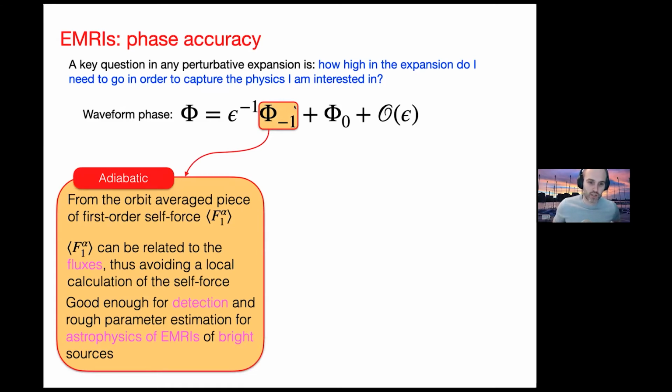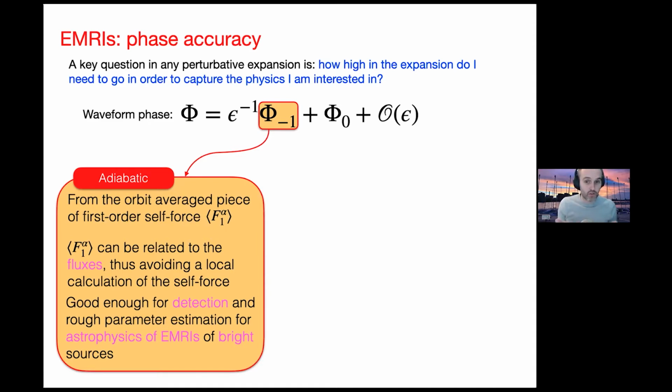So this leading order term is known as the adiabatic contribution to the waveform phase, and this is actually computed from the orbit average piece of that first order self-force I mentioned on the previous slide. And this conveniently can be related to fluxes through flux balance laws, meaning you actually avoid a calculation of the local metric perturbation at the location of the secondary, which has problematic divergences that need to be regularized.